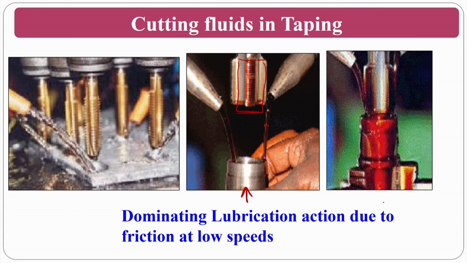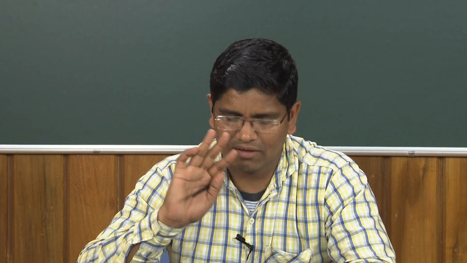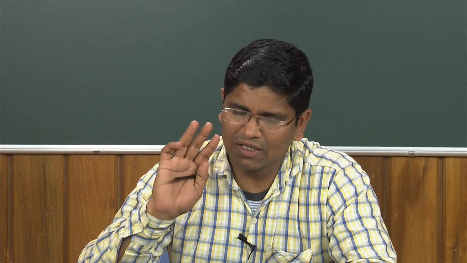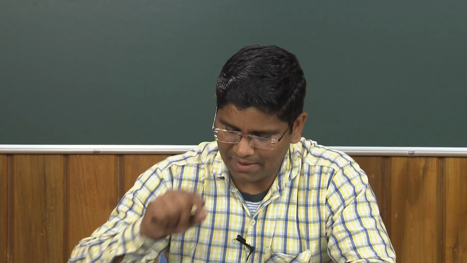But as I said, from the economy point of view, if there is generation of minute heat, you can also use emulsions, but go for 1:1 or 1:2, not more than that. That is suggested for low speed tapping processes.